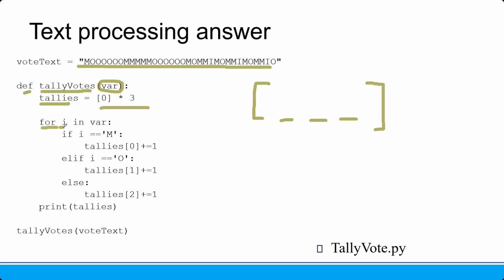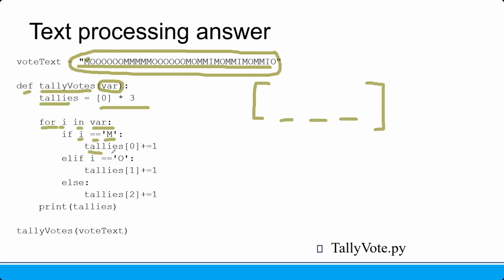For i in var, where var means this is the string. If i equals M, the first is M, then I would like to add tallies index 0 by 1. So now it becomes 1.